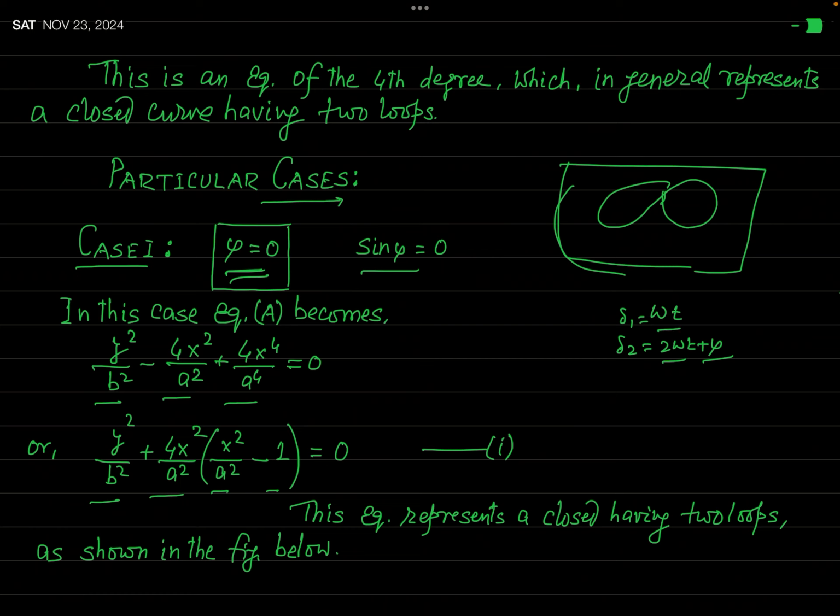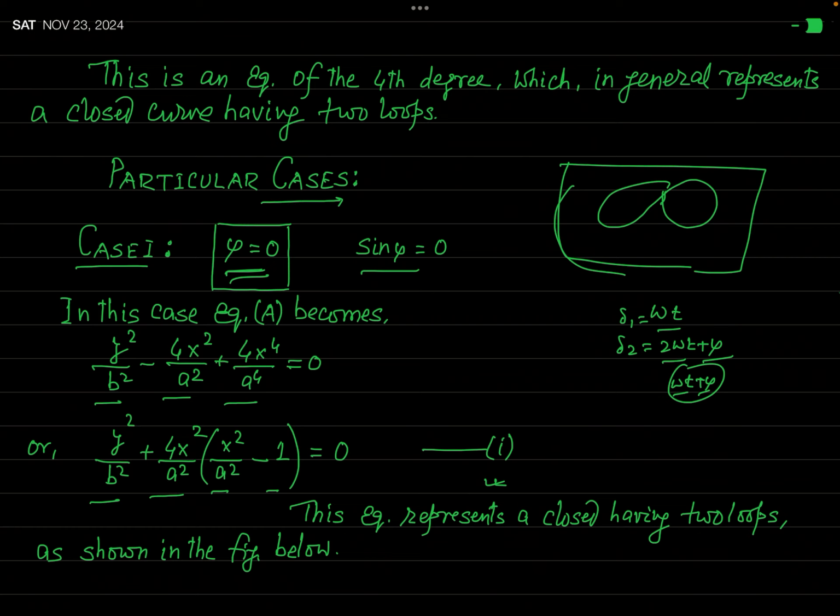So you can't say here that phi is the phase difference between the two SHMs. The phase difference will actually be 2 omega t plus phi minus omega t, that is omega t plus phi. Okay. And when you take phi 0, this will be omega t. So omega t is here the phase difference. But I have taken this phi equal to 0. And in this condition, the equation of trajectory becomes like this, which I have defined in this equation 1.